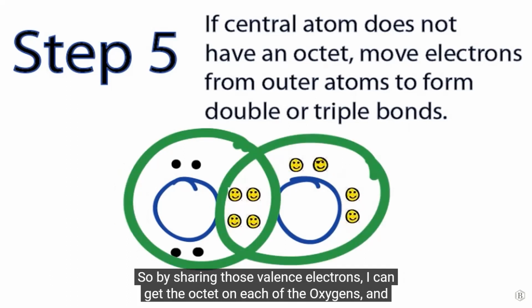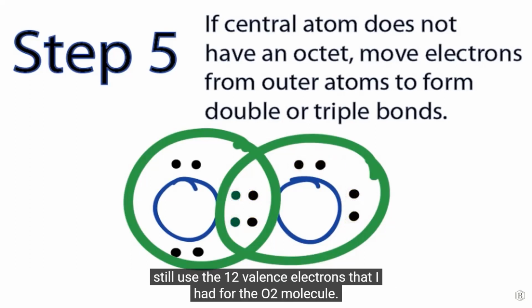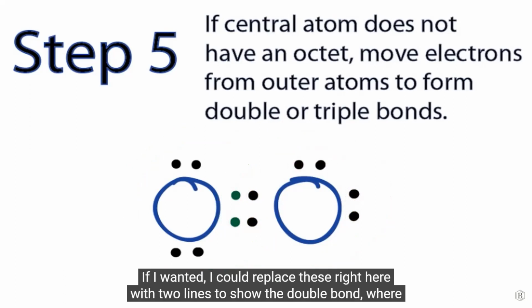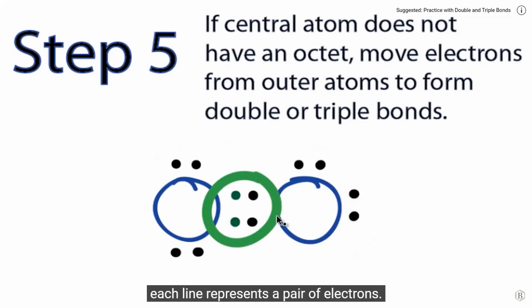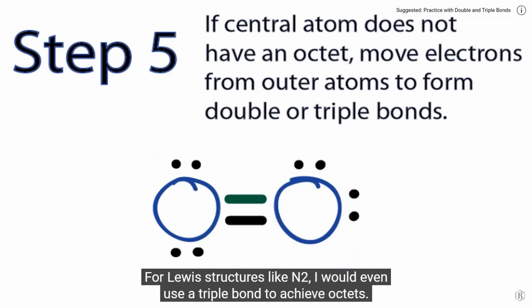So by sharing those valence electrons, I can get the octet on each of the oxygens and still use the 12 valence electrons that I had for the O2 molecule. If I wanted, I could replace these right here with 2 lines to show the double bond, where each line represents a pair of electrons. For Lewis structures like N2, I would even use a triple bond to achieve octets.